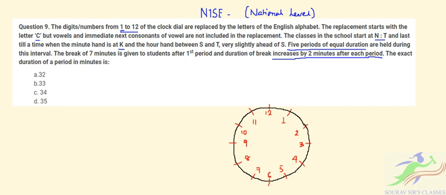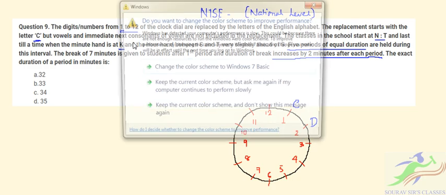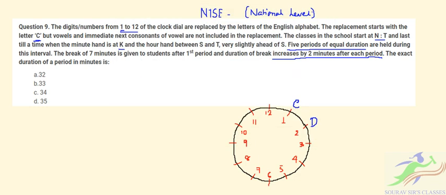The replacement starts with the letter C. So at 1 we will have C, then at 2 it is D. Then E is absent because no vowels will be there, and immediate consonants of the vowel are not included, so E, F is excluded.